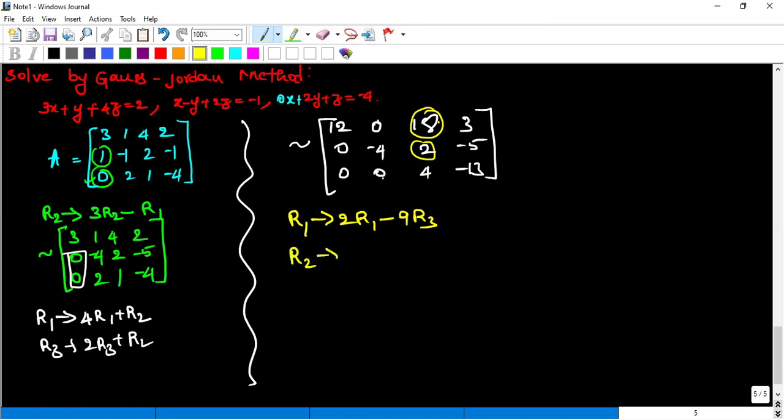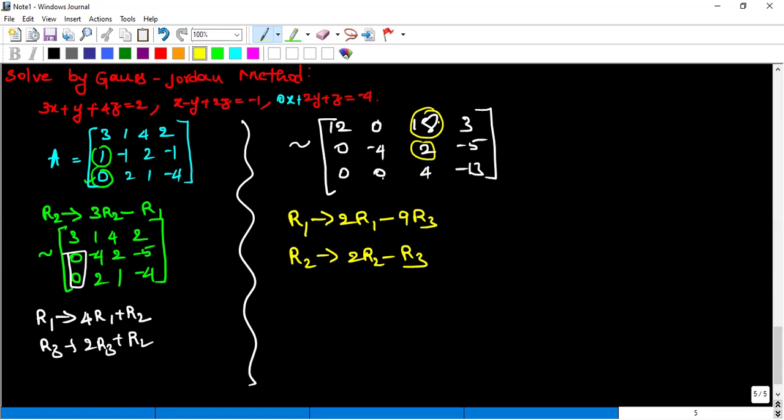Then R2 tends to, not R2, it is R3. We need to change R2 only. R2 tends to 2R2 minus R3. 2 2s are 4 minus 4 will become 0.